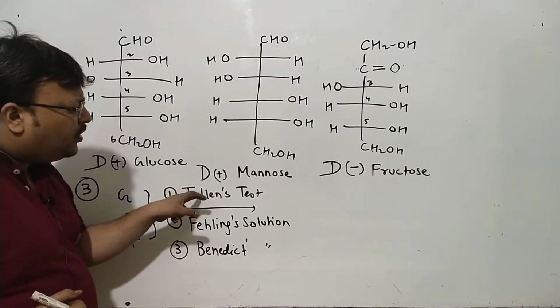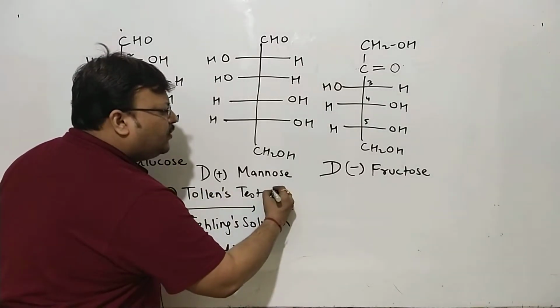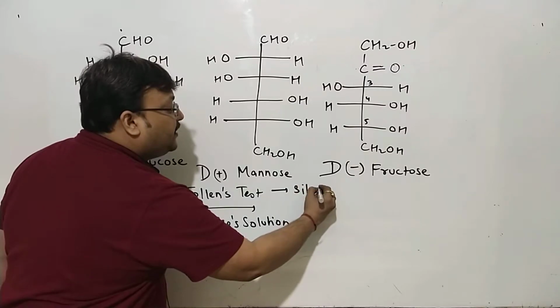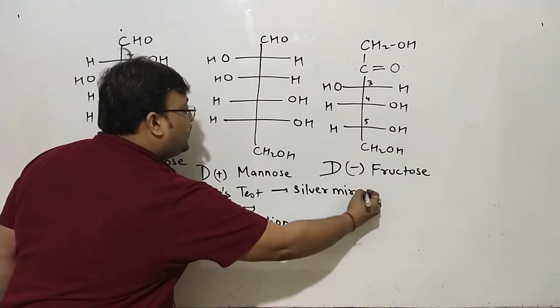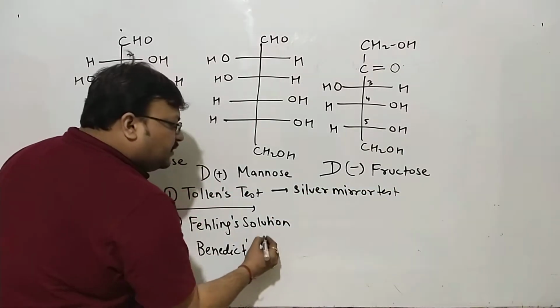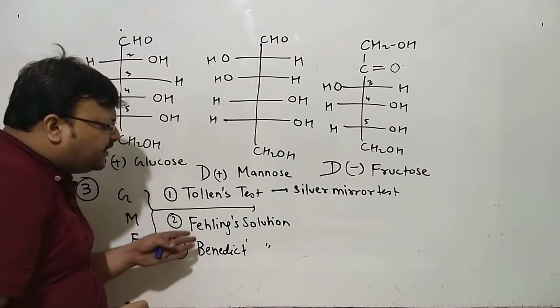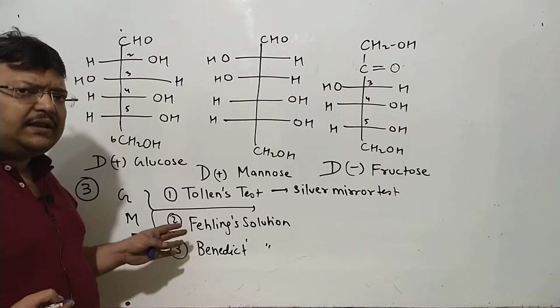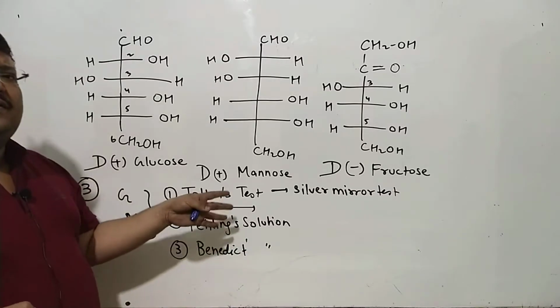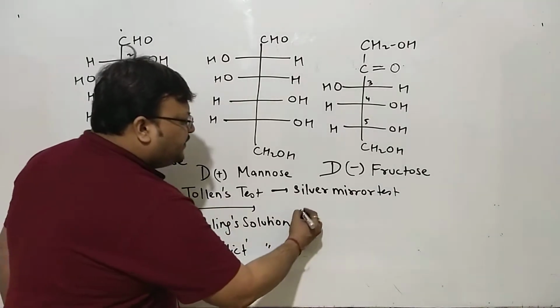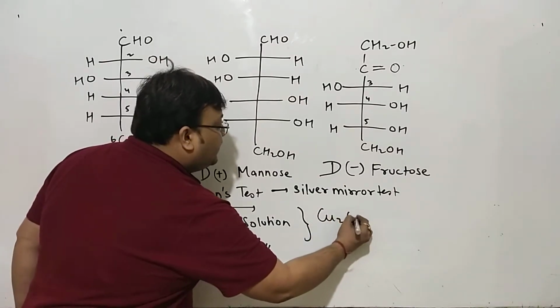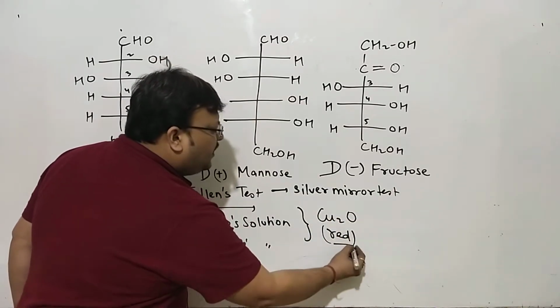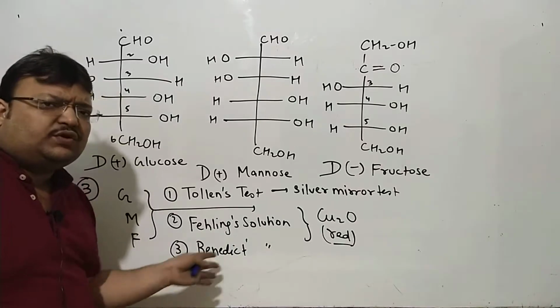So with Tollens test, you get a precipitate, the silver mirror test. Fehling's and Benedict's solutions are essentially blue. They contain cupric compounds, and they are reduced to cuprous oxide, which is generally red. So a red color is very visible in a blue solution.